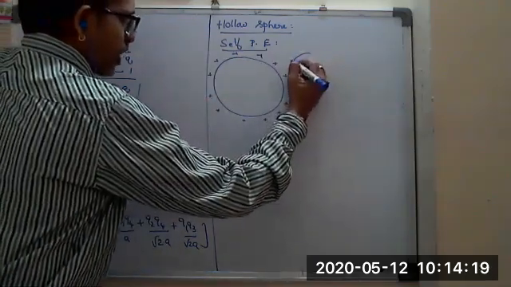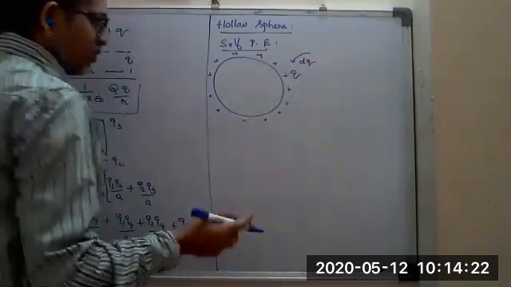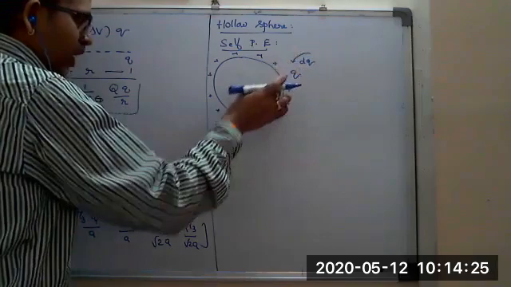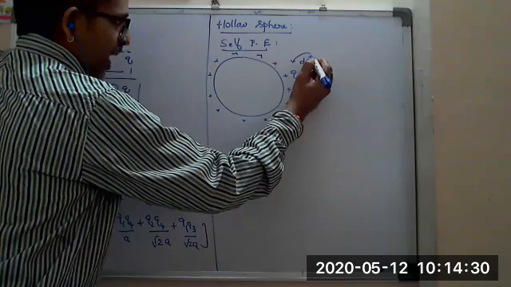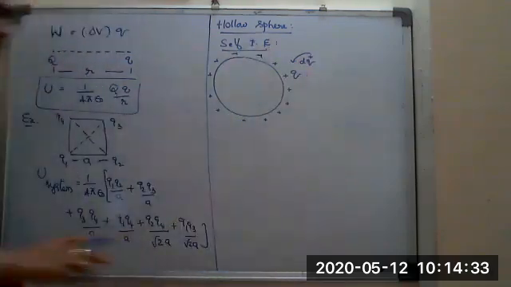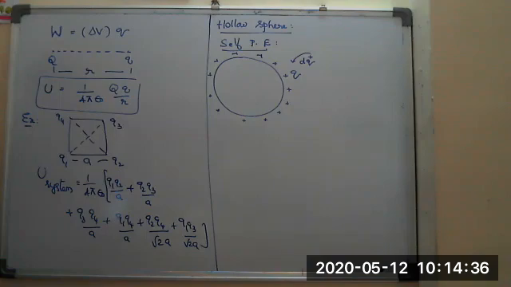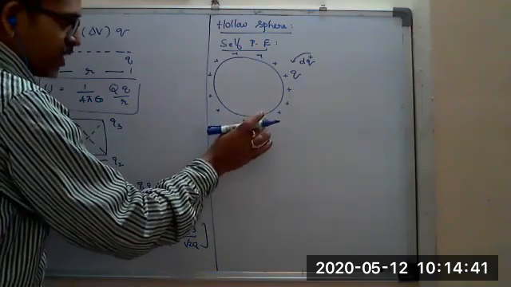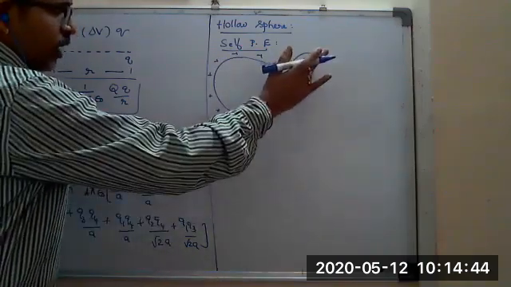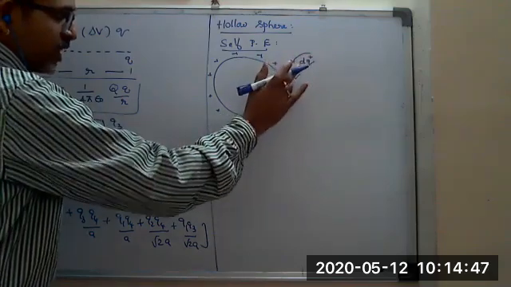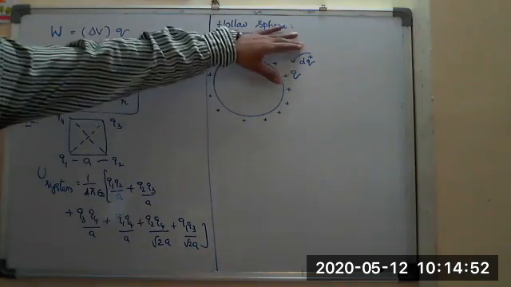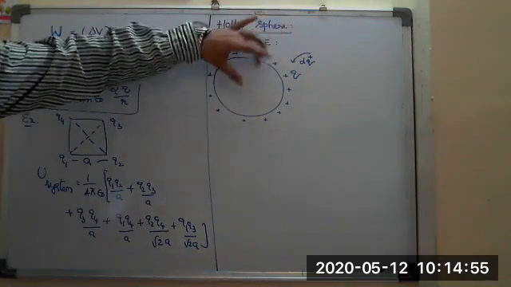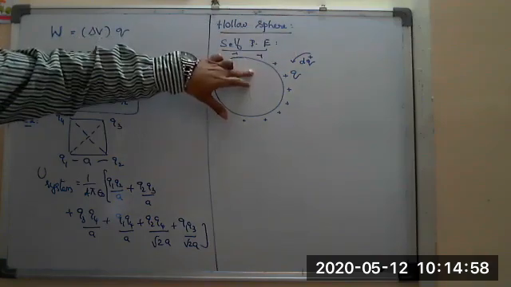Further, if you want to supply some amount of charge, which should be spread over the surface, that charge, whatever you are adding, positive charge, is not accepted by the existing charge on the surface. Existing is also positive charge. You are trying to add positive charge, so it does not accept it. That's why there will be some repulsive force.